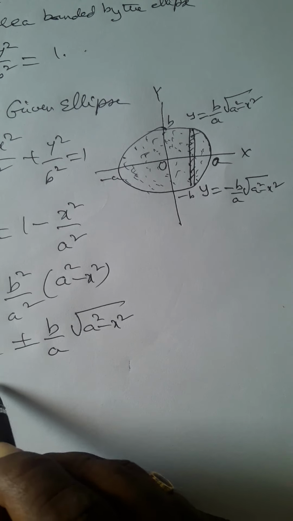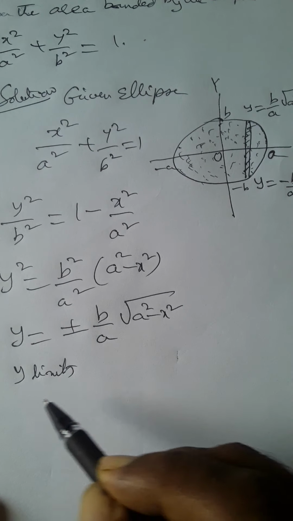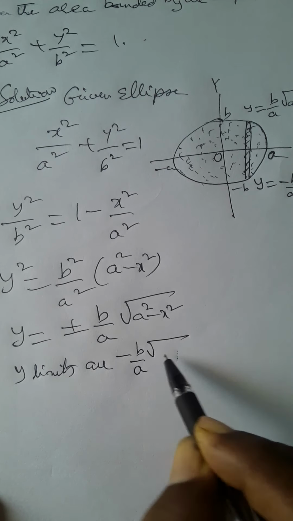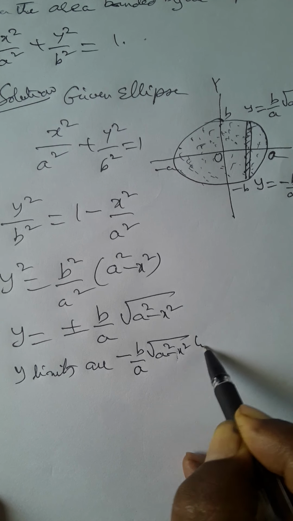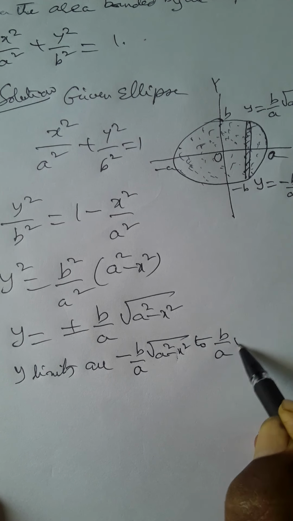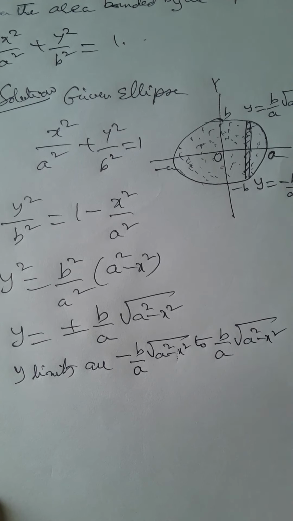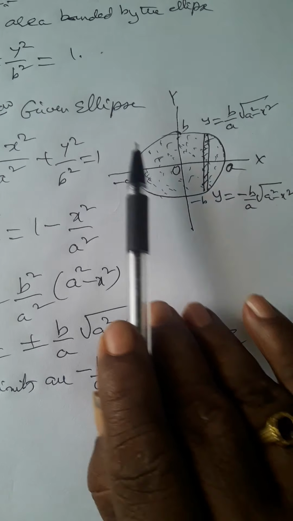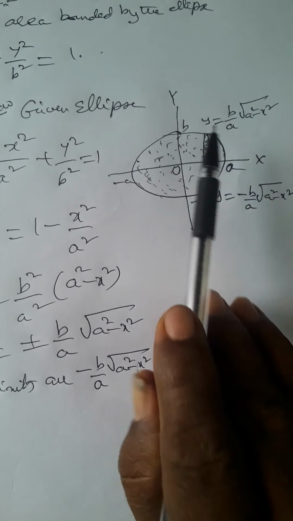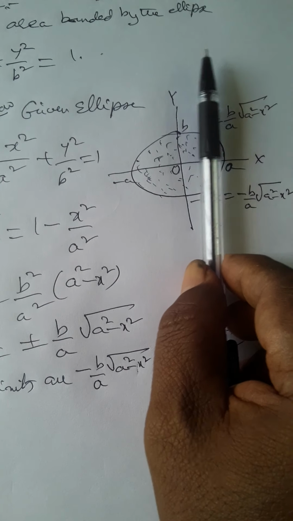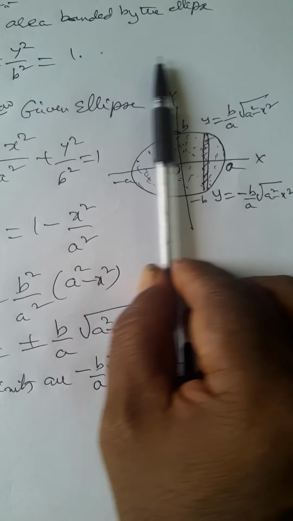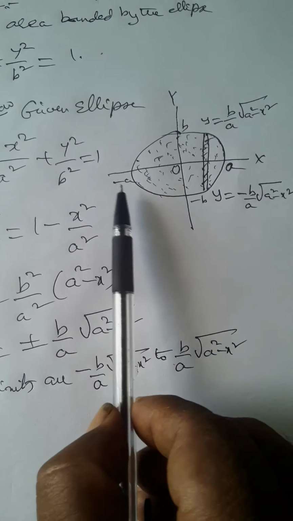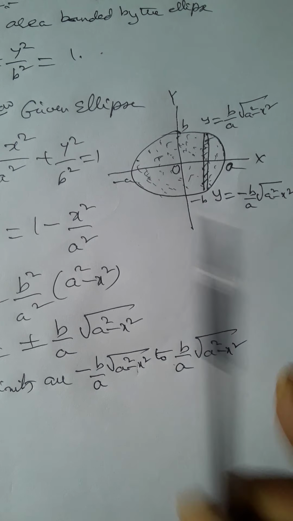So the y limits are minus b by a root of a square minus x square to plus b by a root of a square minus x square. Now to cover the dotted region, you move the strip from this to this. So x is equal to minus a to x is equal to a.